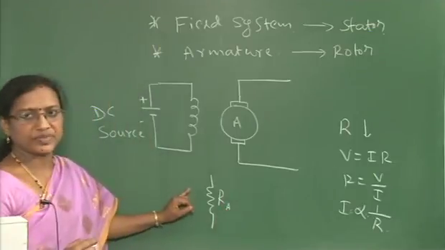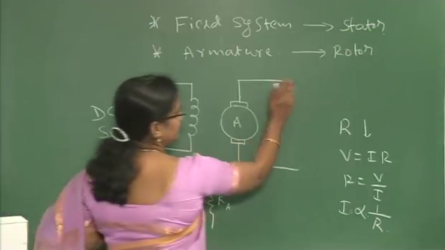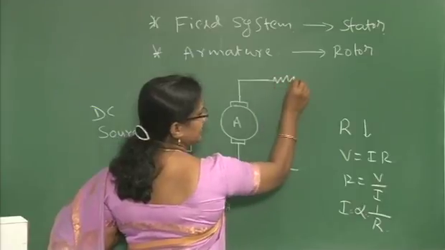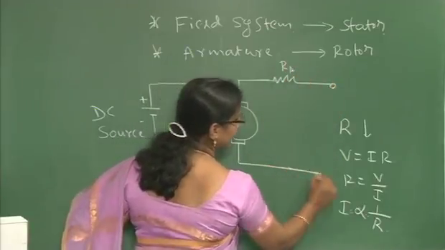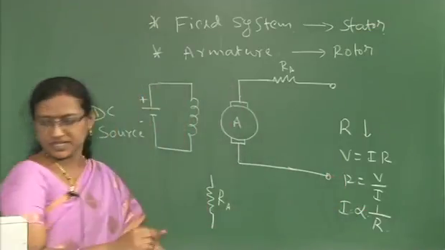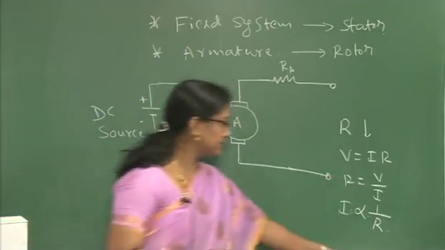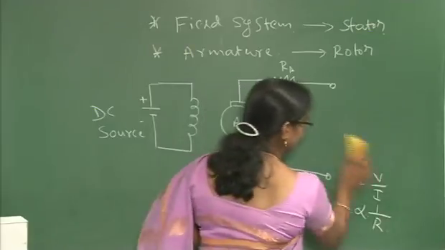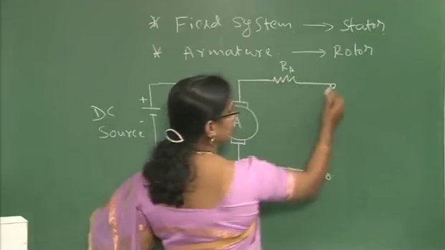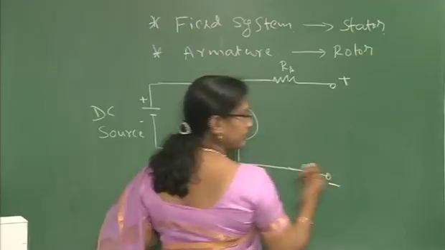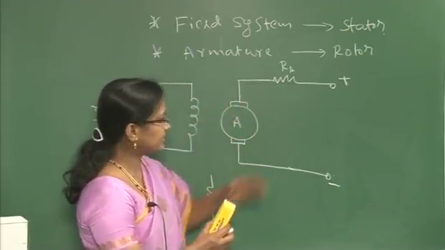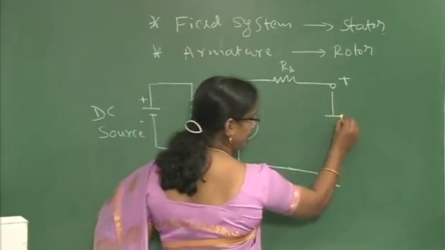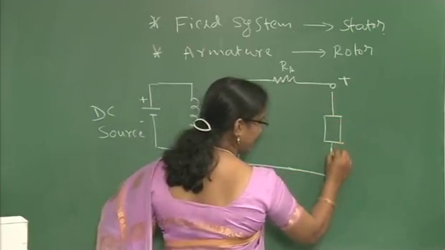that can be represented as RA. So, the internal resistance of the conductor we are connecting in series. When we are representing the terminals, here positive and negative. After this, the generation of EMF, when the circuit is closed with the load, the current will flow.